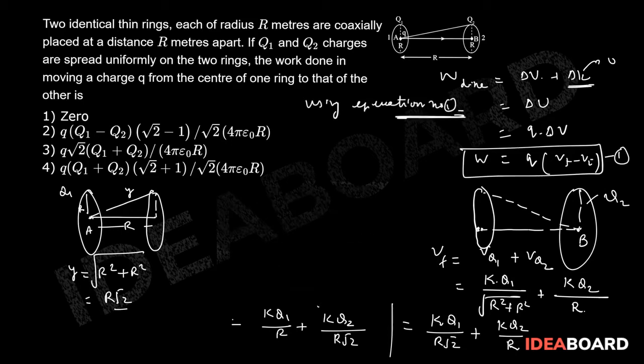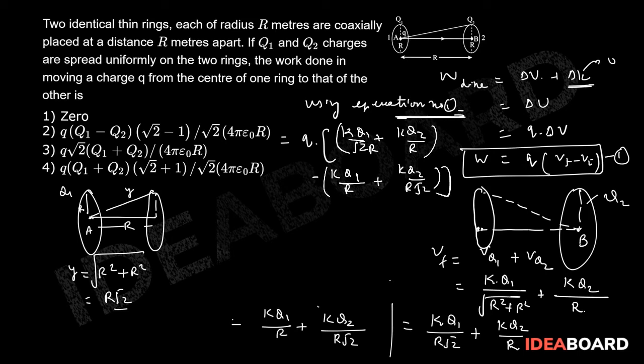So that will be equal to Q into, what is the value of V final, which is k q1 by r root 2 plus k q2 by r, and minus k q1 by r plus k q2 by r root 2. Perfect.